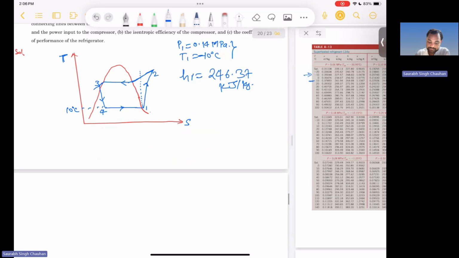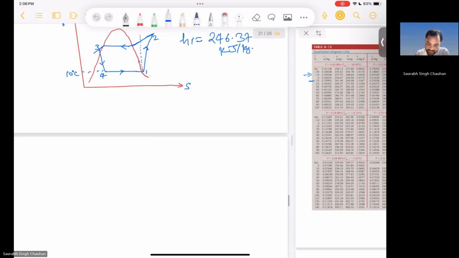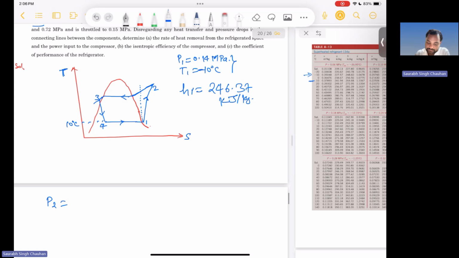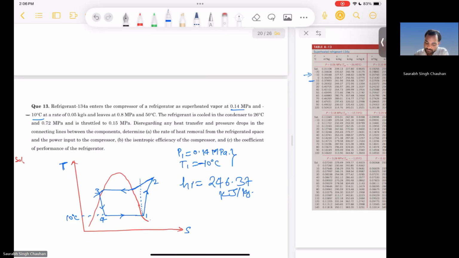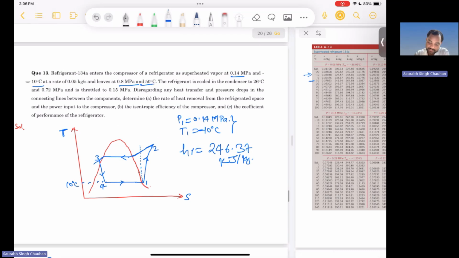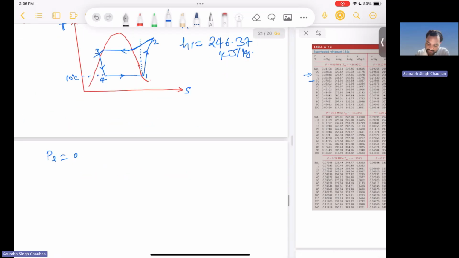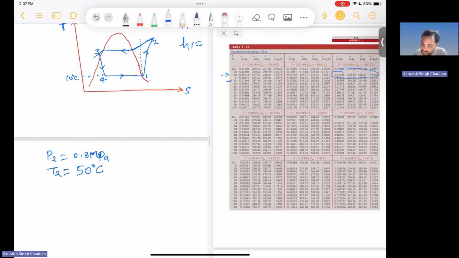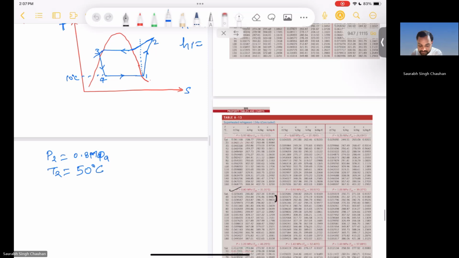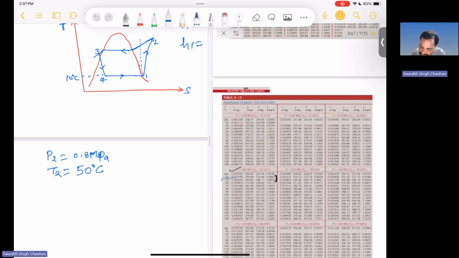Now coming to point 2. At point 2, the pressure is 0.8 MPa, correct? And the temperature is 50 degrees Celsius. Again, you will have to use the superheated table for 0.8 MPa and 50 degrees Celsius.